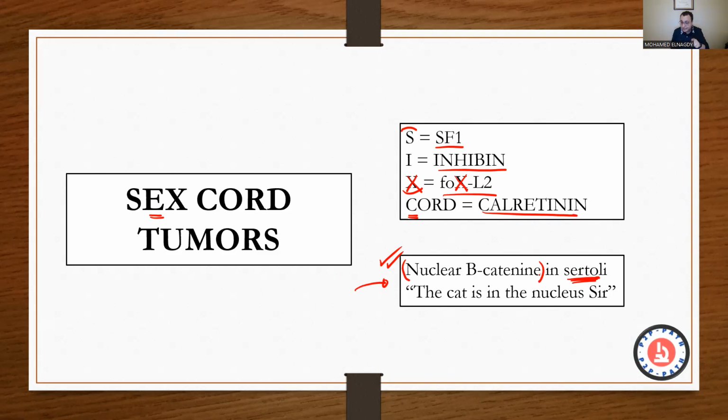I always say the cat is in the nucleus, sir. So the cat, which is the catenin, beta-catenin, is in the nucleus. This means it's nuclear beta-catenin, which is Sertoli cell tumor. So there is nuclear beta-catenin staining in Sertoli cell tumor.